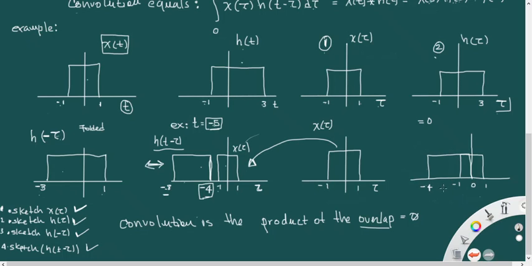That will be a kind of overlap. So the h of t minus tau is overlapping x of tau by this amount. Okay, so according to the value of t, you will shift this h of t minus tau to the left or to the right. And if we shift this enough to the right so we can have the overlap between these two functions, the product of this will be the convolution.